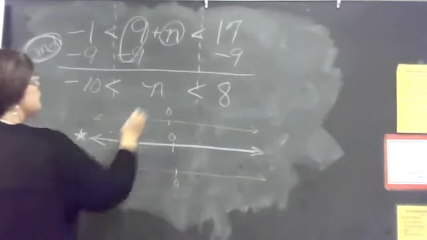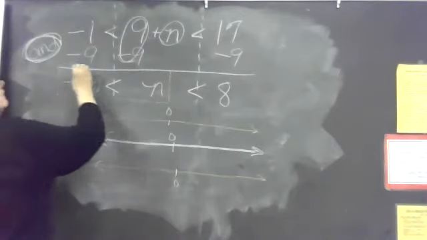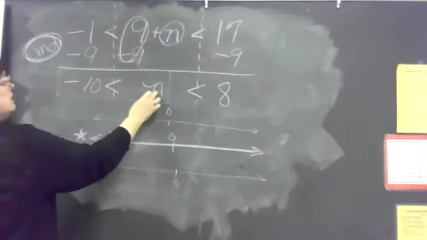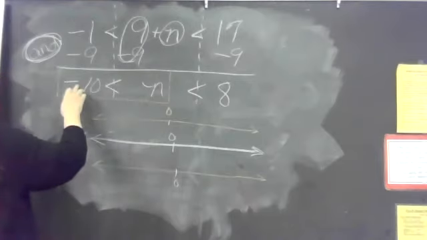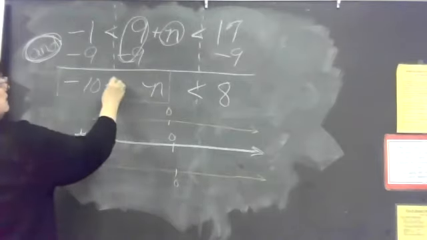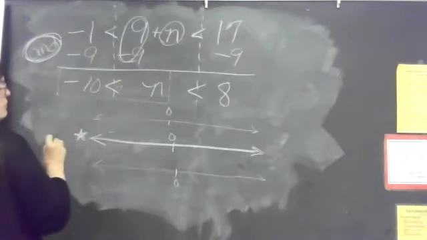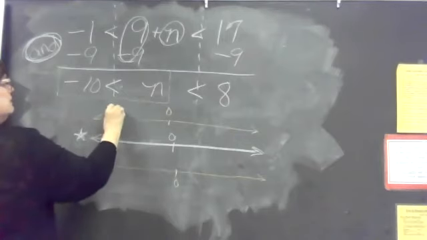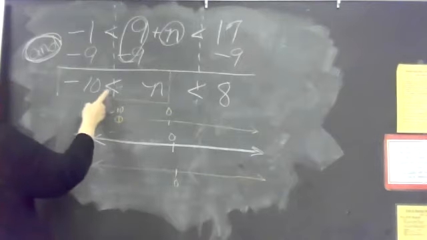Well, what we're going to do first is just look at this part. It says n is greater than negative 10. So I've got to find the negative 10. I circle it because it's important.